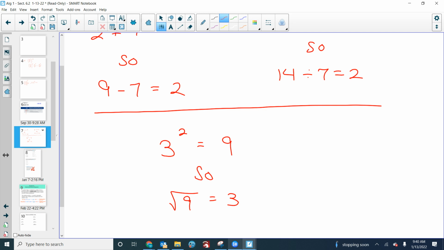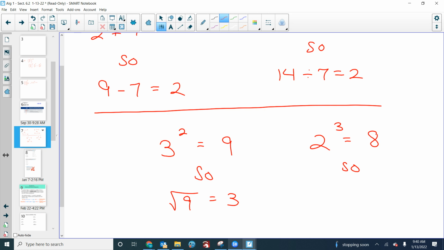All right. 2 to the third power is 8. So wait a minute. Squaring, I got 9. Square rooting, I went backwards, I got 3.